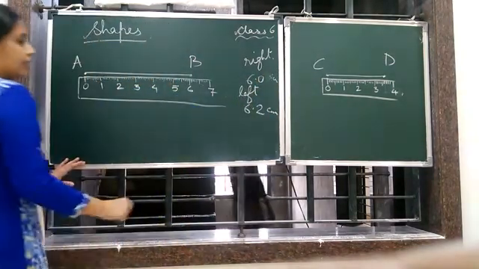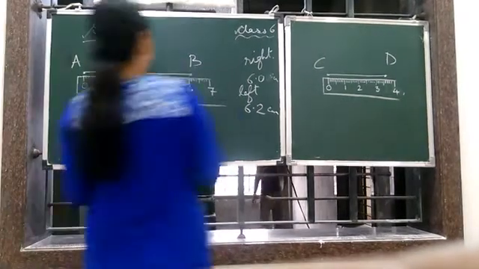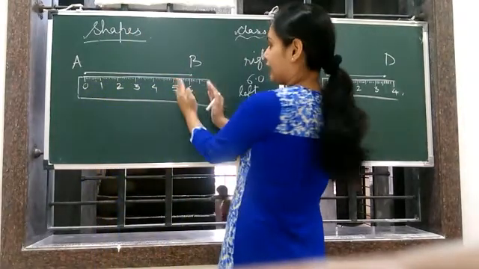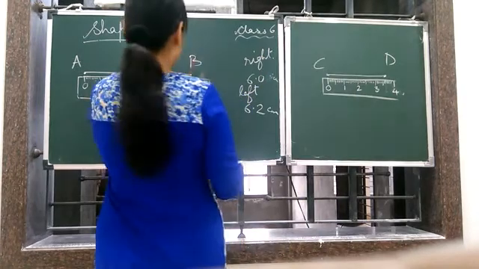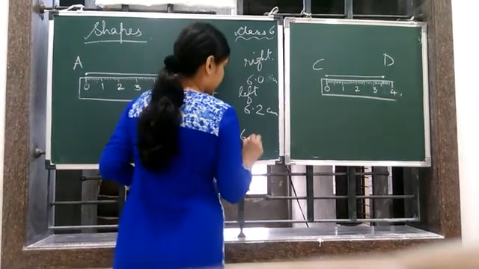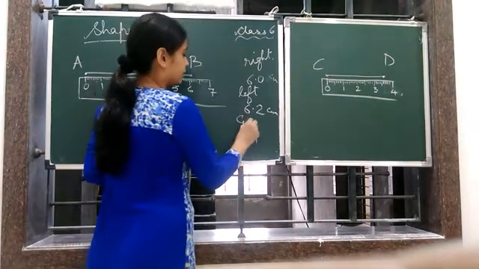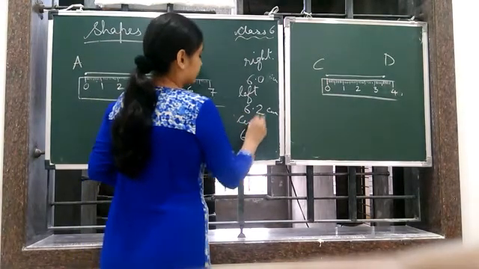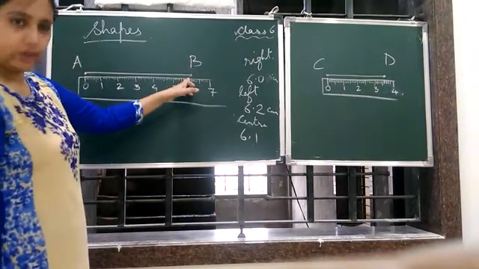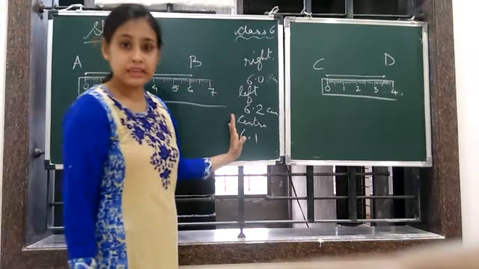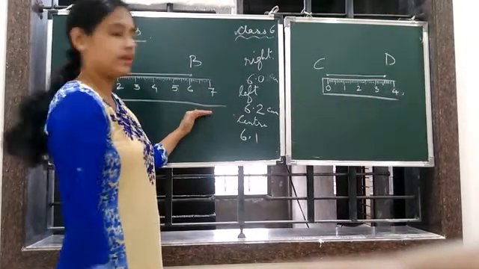Got it? And if you see from the center, exactly from the top view, then it is exactly 6.1. From the center you will see 6.1. Got it? So you may commit mistakes while measuring.